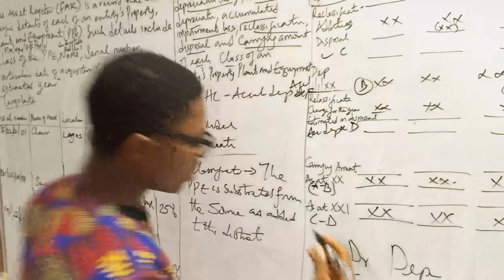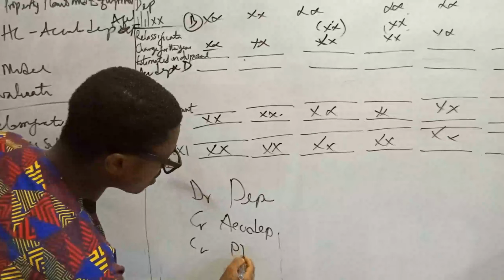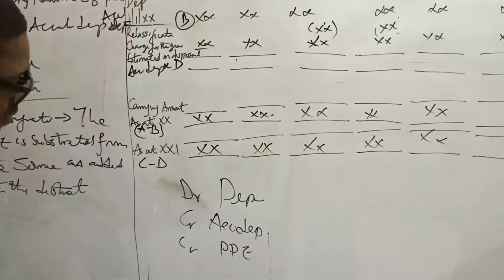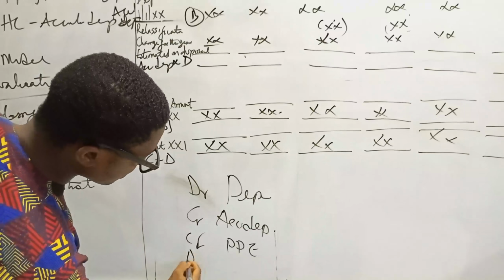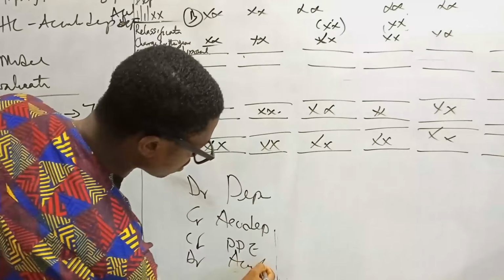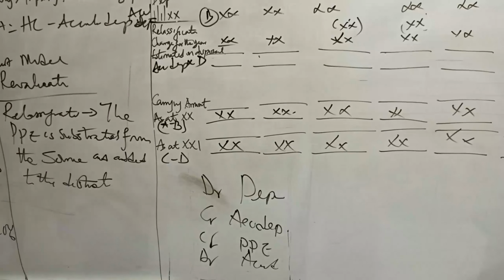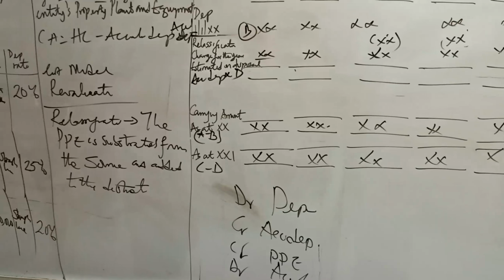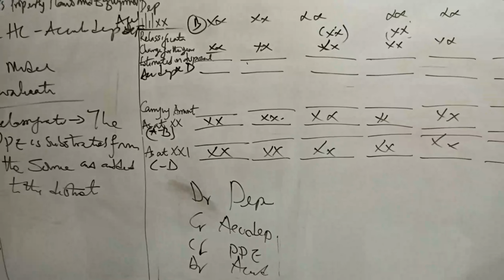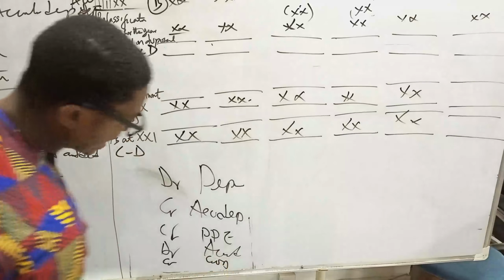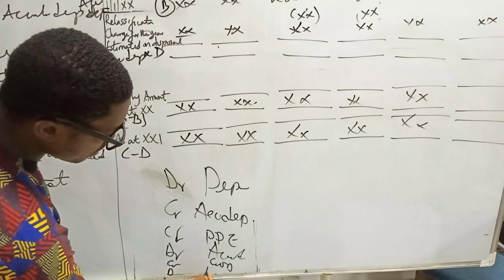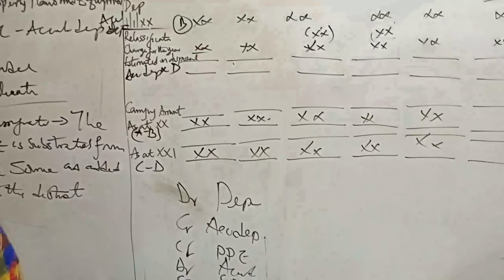We need to credit our PPE, depending on the class of asset, and debit our accumulated depreciation as at the day of disposal. And should we have any gain, if it is gain on disposal, we credit gain on disposal. And if it is loss on disposal, we debit loss on disposal.